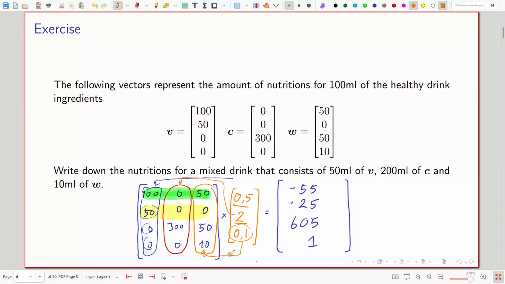So this is how you write it as a matrix multiplication. All right. So this is a quick review of what we did so far.